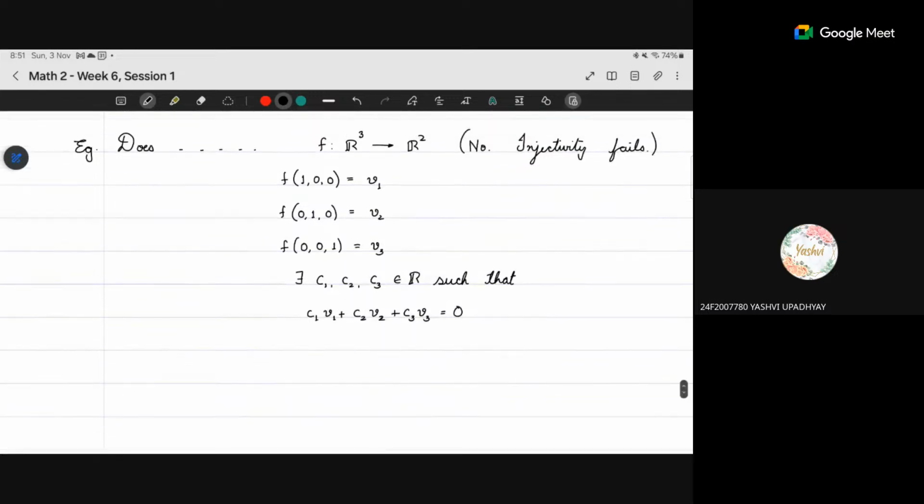Correct? This is happening in R2. Is this clear? Are things clear until this point?